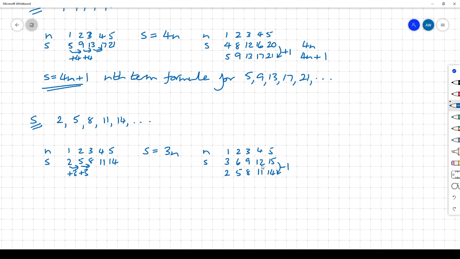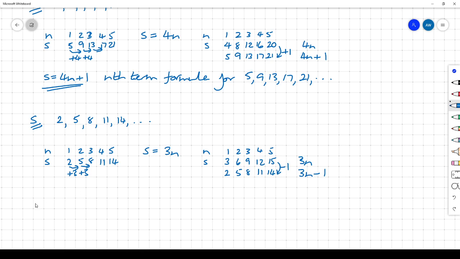Let's check that works for every one. 12 take away 1, 11. 9 take away 1, 8. 6 take away 1, 5. 3 take away 1, 2. So this sequence is 3n, and this sequence is 3n take away 1, because it's 1 less than 3n.